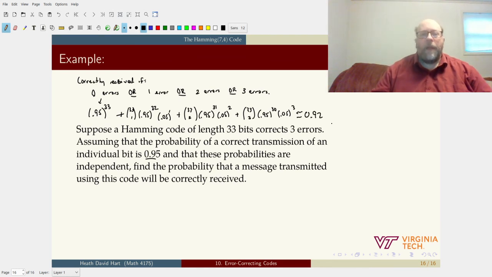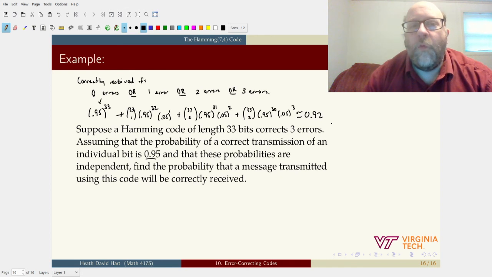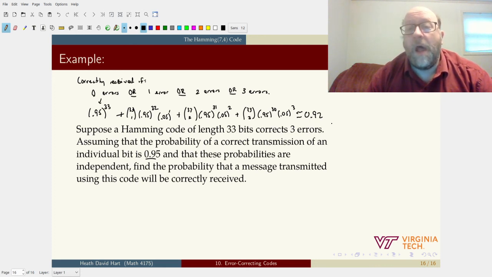Okay. And so, based on knowing how noisy our channel is, we can determine whether a 3 error correcting scheme is going to be enough. We have right here a 3 error correcting scheme, and each message gets transmitted correctly with only a 92% probability.